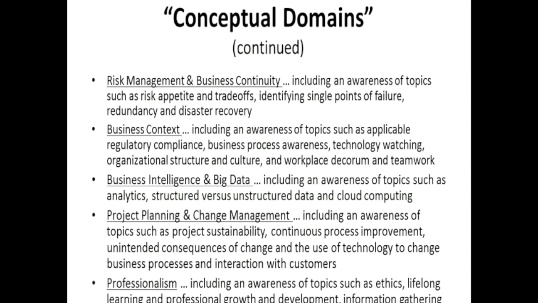Okay, so that's a pretty long list of conceptual domains. I've identified the technical domains as indicators of depth, and I use the word vertical. And with regard to the conceptual domains, I used a word like breadth, and I used a phrase like cross-cutting.